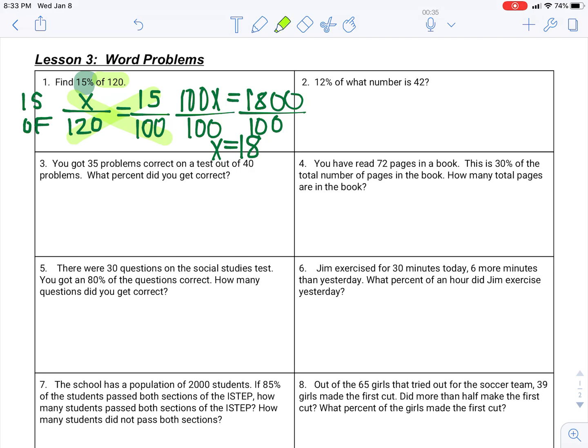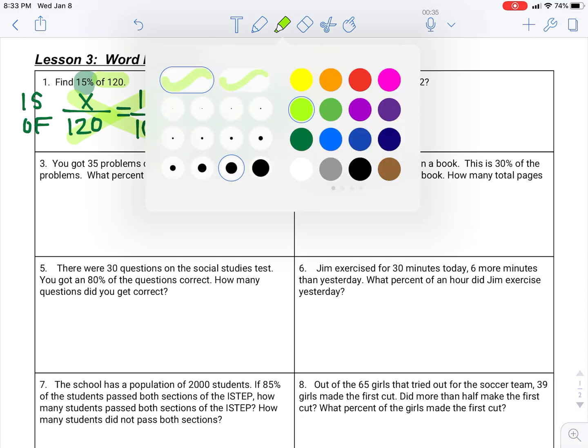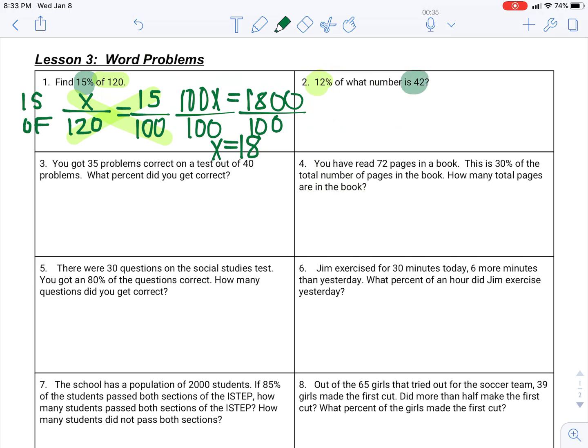All right, so second problem, we have 12% of what number is 42. So setting up my percent proportion, 12% on top, and it says is 42. So when we look back over here at that percent proportion layout, we have the is number.